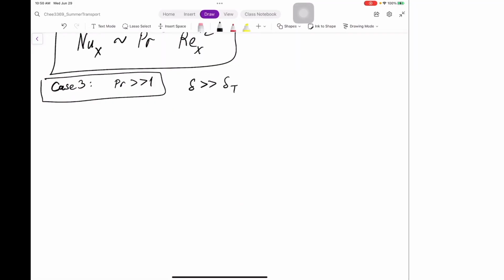Let's see whether this is going to give us some different insight or some more further simplifications. So imagine that this is your hydrodynamic boundary layer thickness, delta.